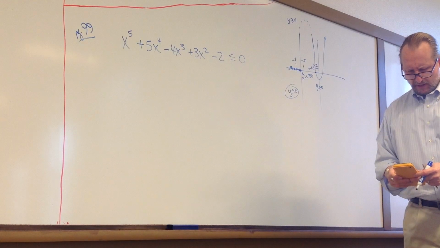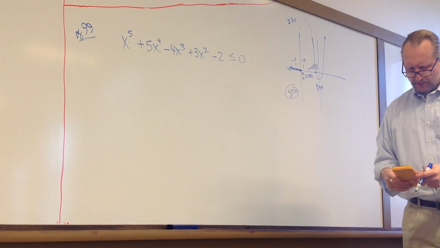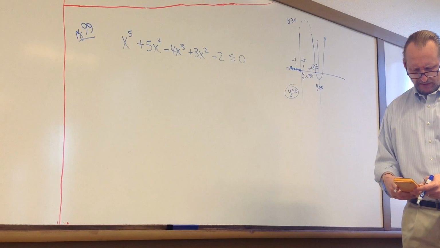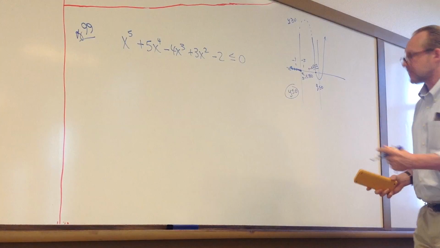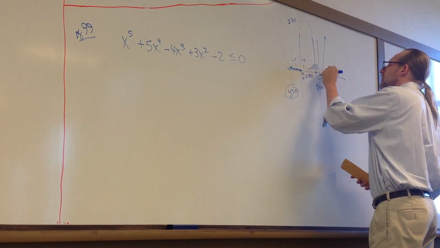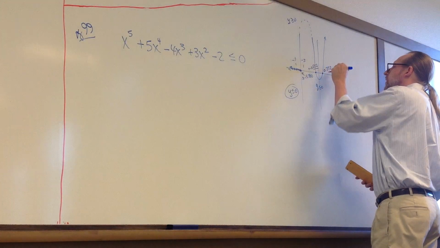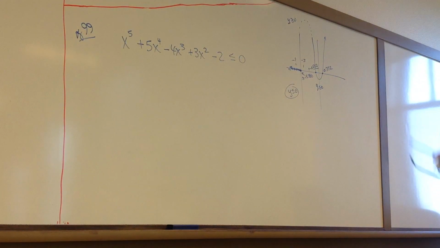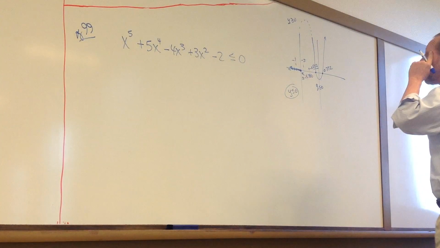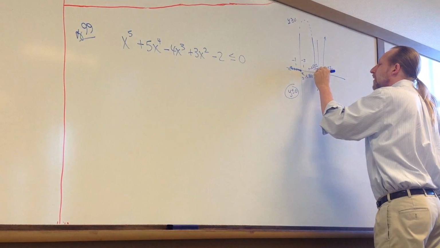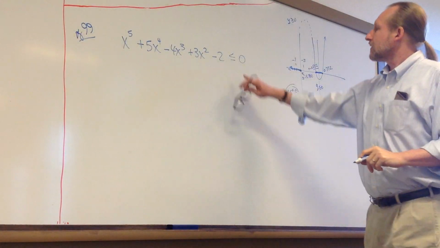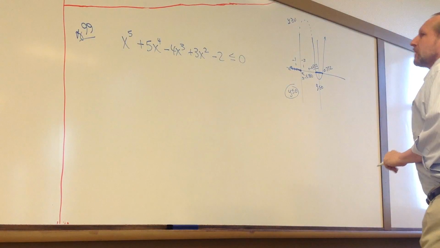Over there, looks to be just about +1, but not quite. What is that? 0.772. Okay, so we've identified the roots. We can see where y is positive and where y is negative. So let's see, where is y less than or equal to 0?